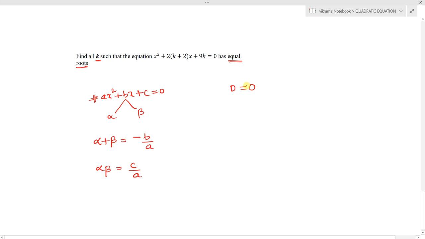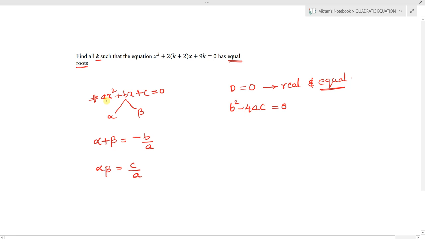If the discriminant is 0 in any quadratic equation, the roots are real and equal. So this question is based on the nature of the roots of the quadratic equation. The discriminant is b square minus 4ac, and the roots are equal means b square minus 4ac has to equal 0.